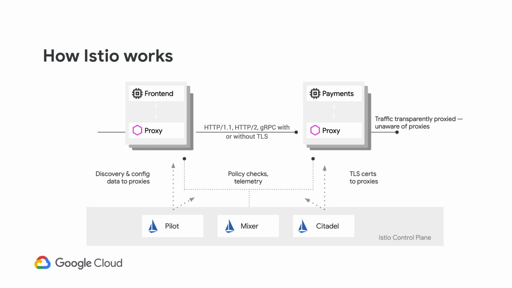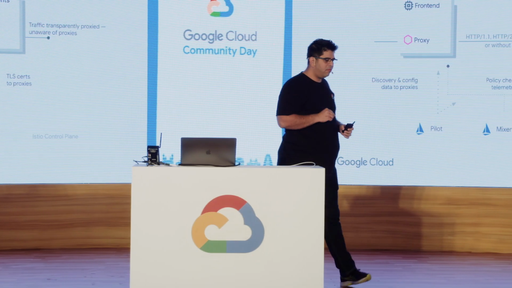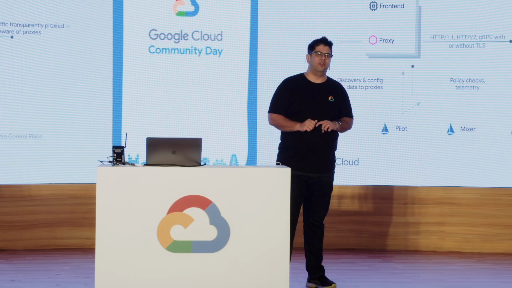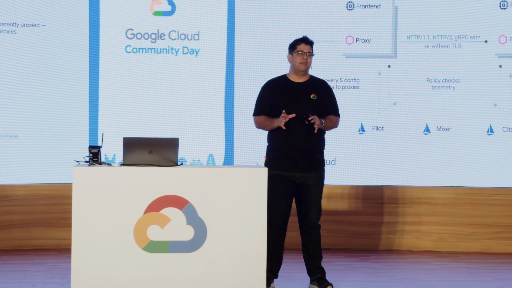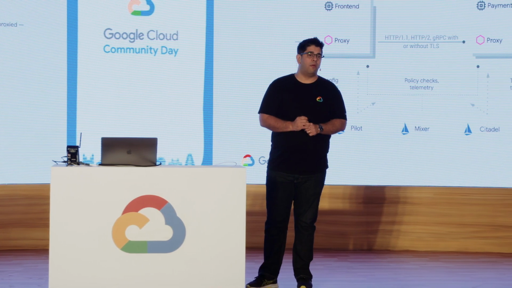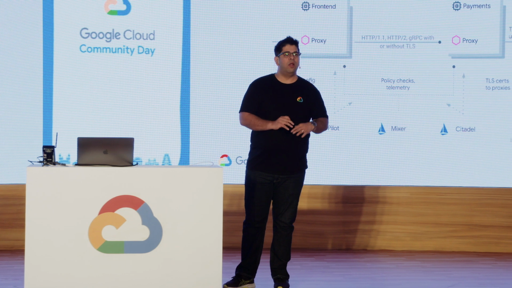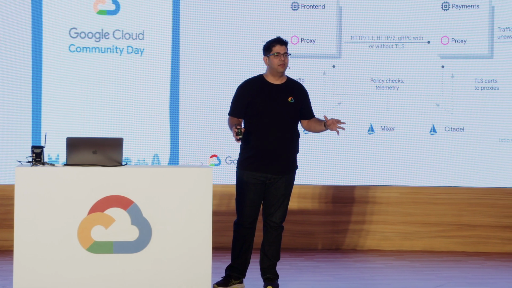Finally, we have the Citadel, which deals with security inside the cluster. Think of the Citadel as acting like a certificate authority for your cluster. And it issues certificates to all the proxies in the mesh. Now that's really, really interesting as well, because what that means is if one of your components gets compromised, the rest of your system can't get compromised.